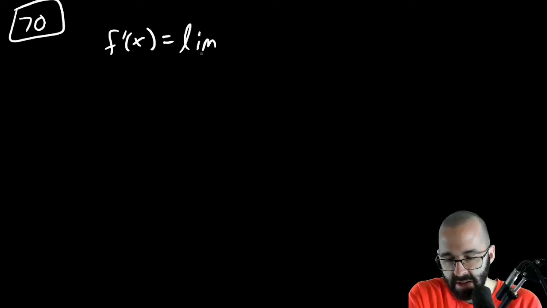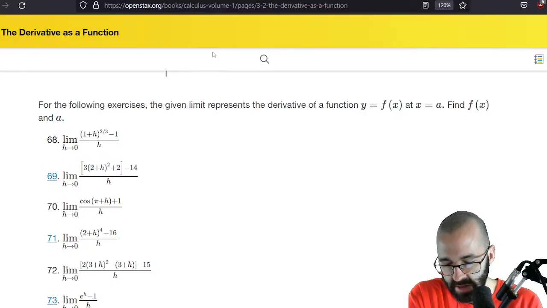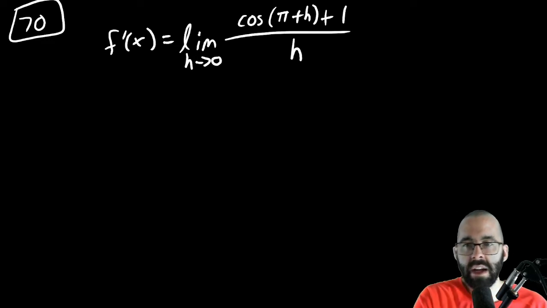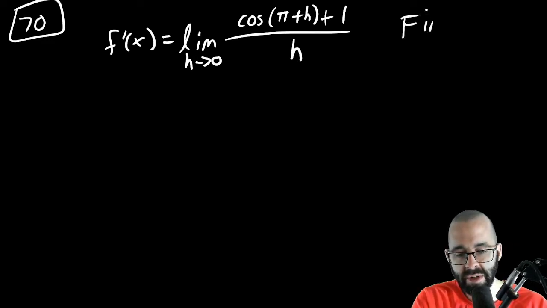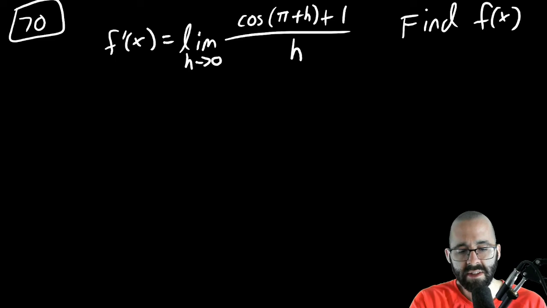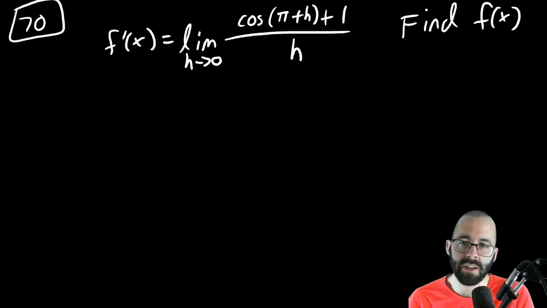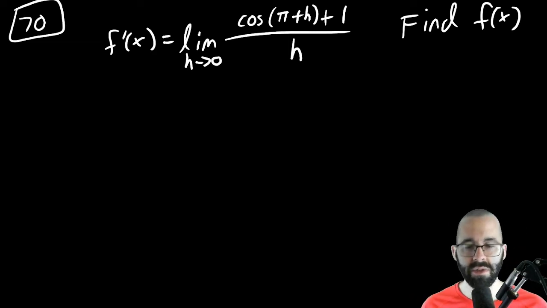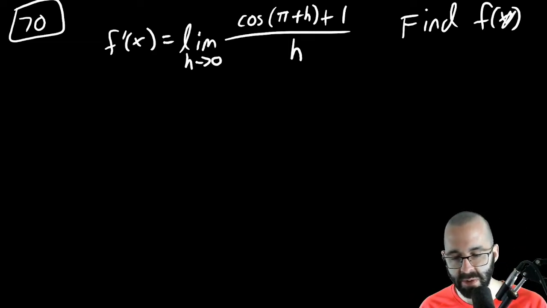That's the limit as h goes to 0 of cosine of pi plus h plus 1 over h. And it wants us to find what is f of x. This is a conceptual question asking you, can you relate the definition of the derivative with the function itself? And actually, it doesn't want f of x. It wants f of a.